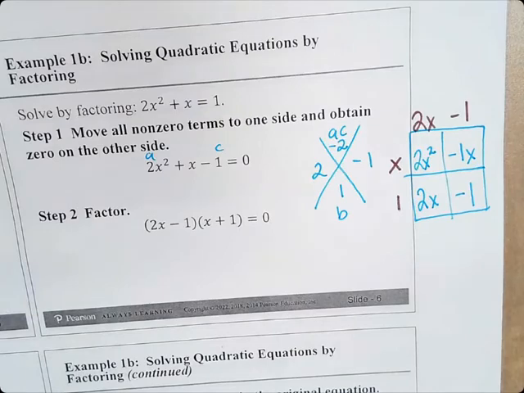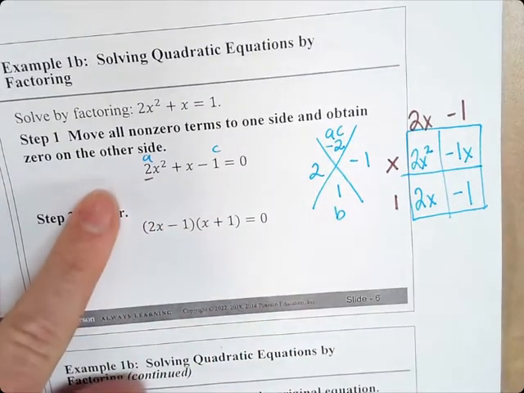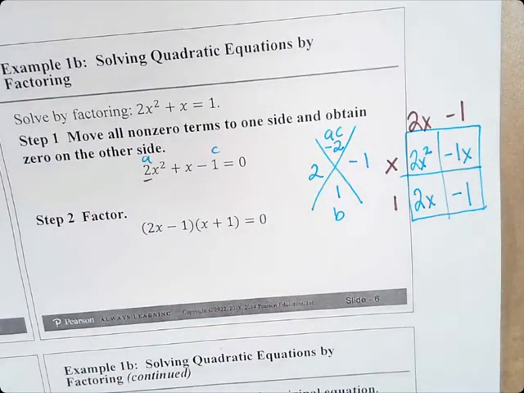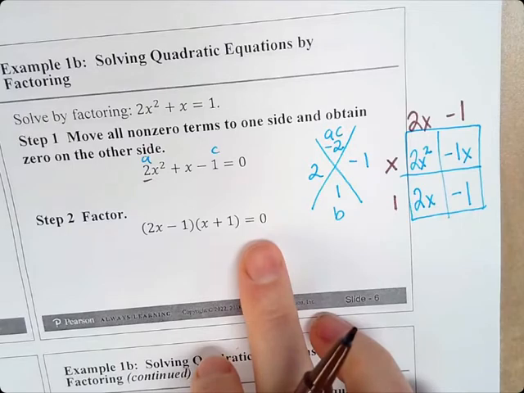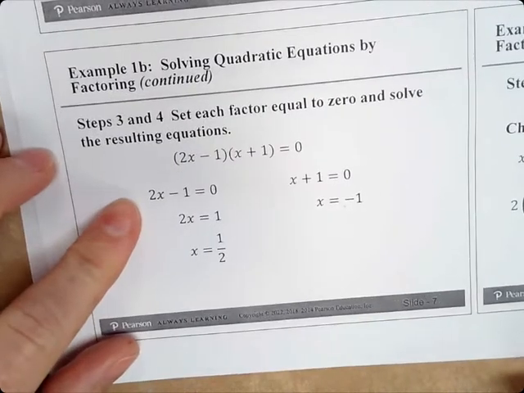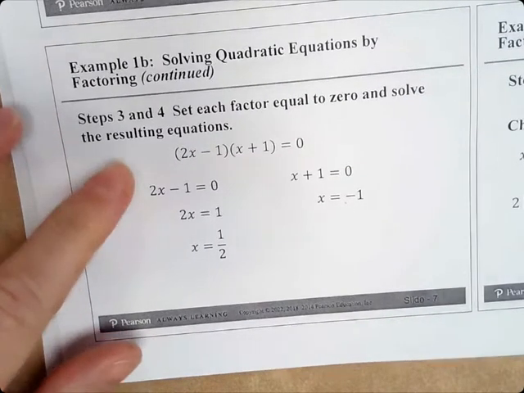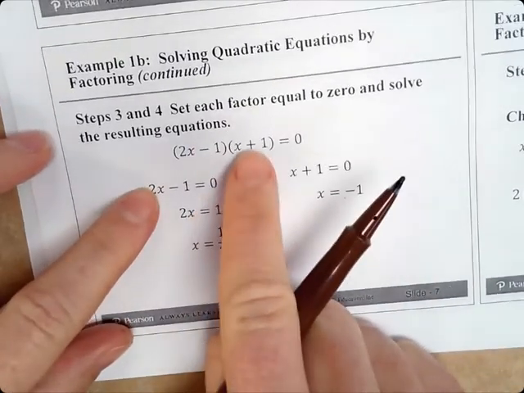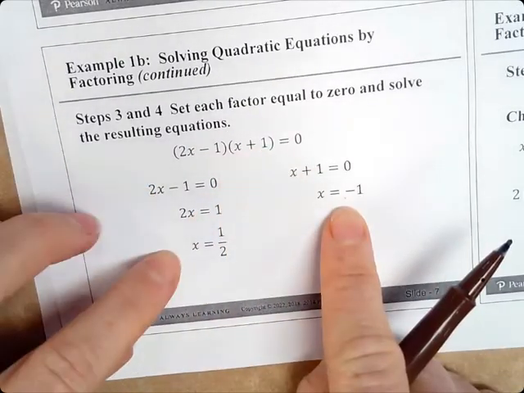This is helpful whenever your a is a different number other than 1. So once you factor, and we know that it's set equal to 0, then we can set both equations equal to 0 and solve. They set this one equal to 0, and then the x plus 1 equal to 0, solved.